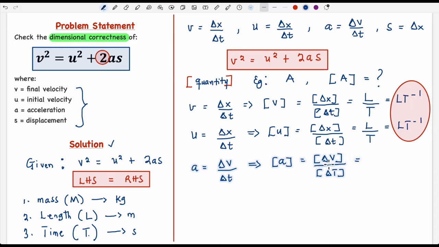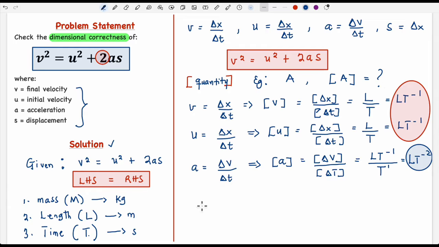We can directly import that here in the numerator. So we have LT to the power minus 1, again divided by the dimensions of time, which is T. Using the laws of indices, that is going to be LT to the power minus 2, because this is to the power 1. If we take it up there, it subtracts from this one. So we keep the common T and then add the powers.